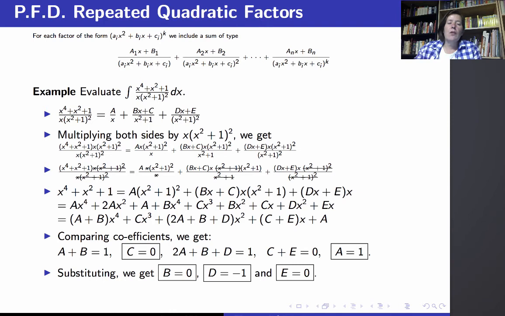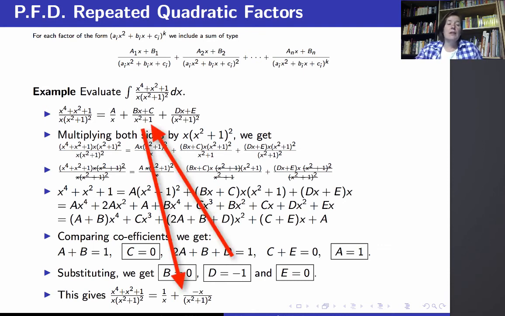And then plugging all of this into the equation 2a plus b plus d equals 1, we have d equals negative 1. So substituting these values for a, b, c, d, and e into our original partial fractions decomposition, we see that our rational function is 1 over x minus x over x squared plus 1 squared.